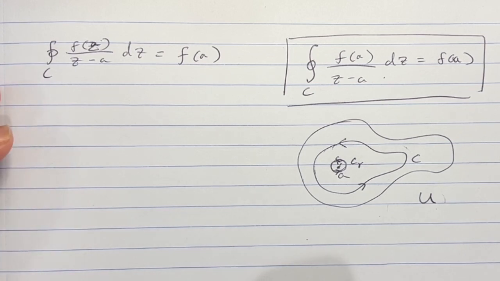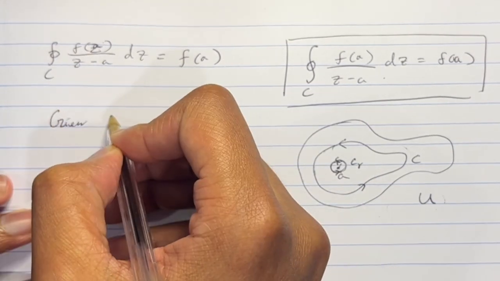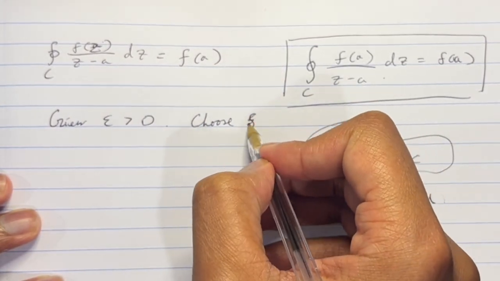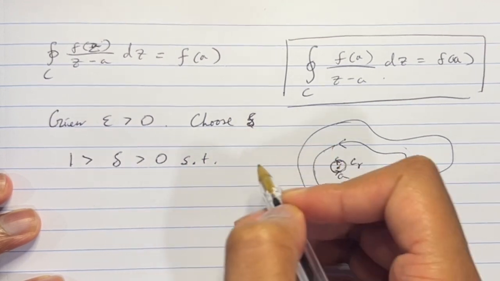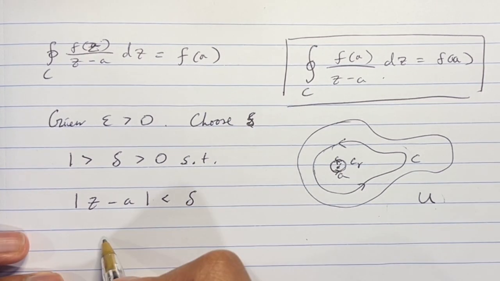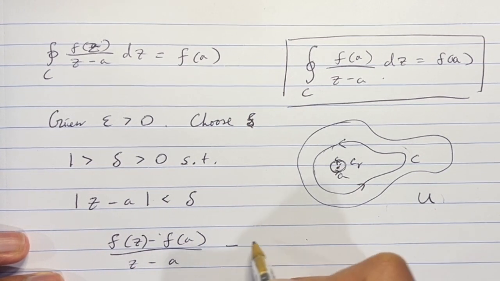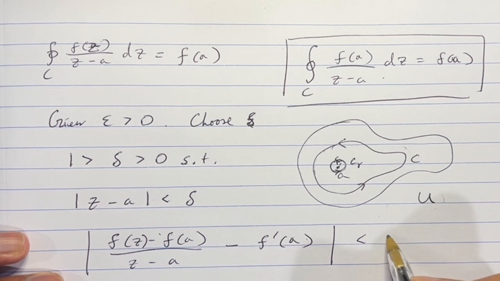So what we're going to do is use the fact that f is analytic, which is the main idea. f is analytic means it has a derivative, which means that given epsilon greater than 0, we can choose delta, in particular bigger than 0 and less than 1, such that if the absolute value of z minus a is less than delta, then the absolute value of (f(z) minus f(a)) over (z minus a), minus f prime of a, the derivative evaluated at a, is less than epsilon.